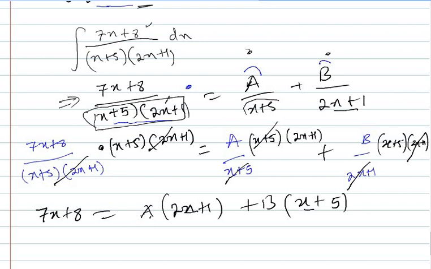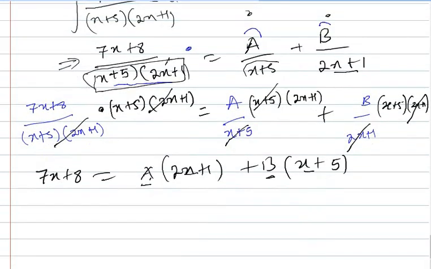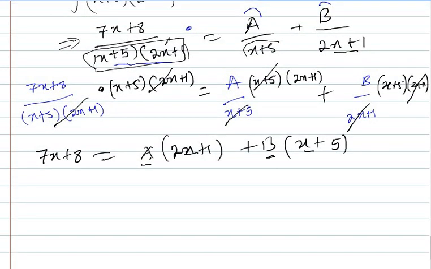Now that we have cleared the fraction, we are trying to find the value of a and b. There are numerous ways of finding them, but the simplest one is to pick a value of x so that one of the unknowns, a or b, cancels to become 0, and then find the other unknown.